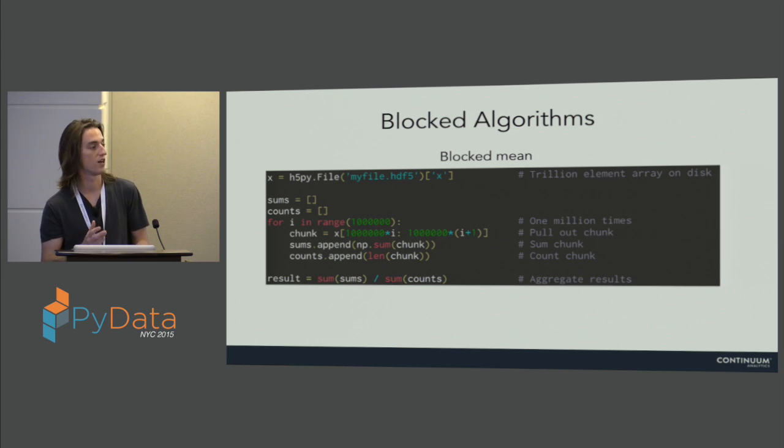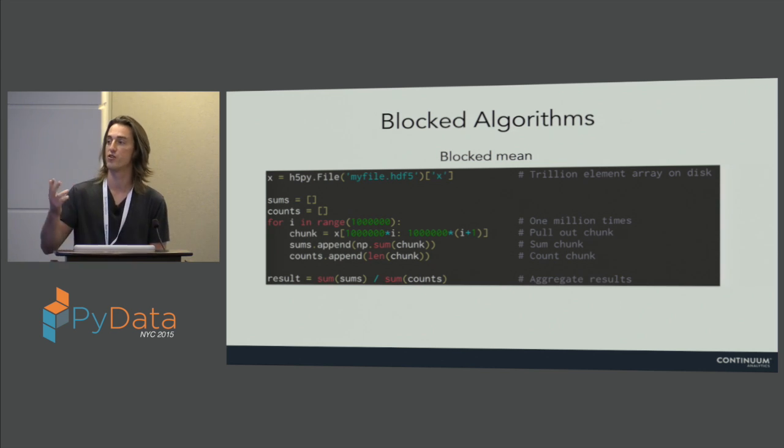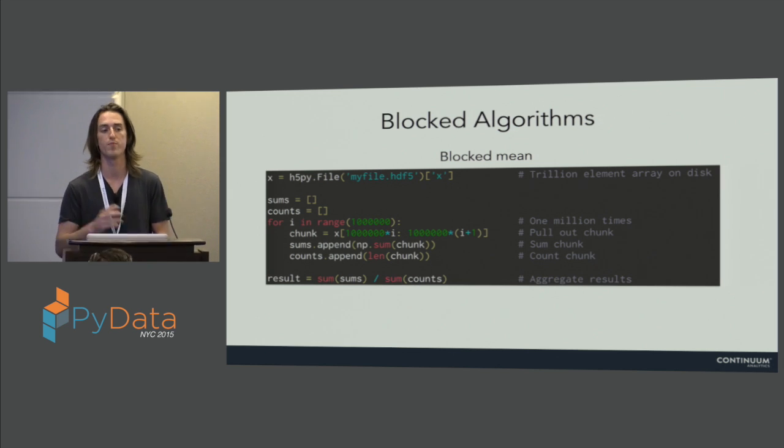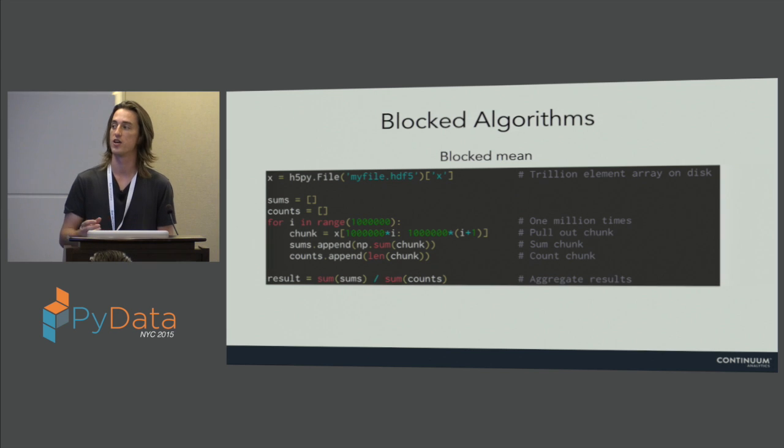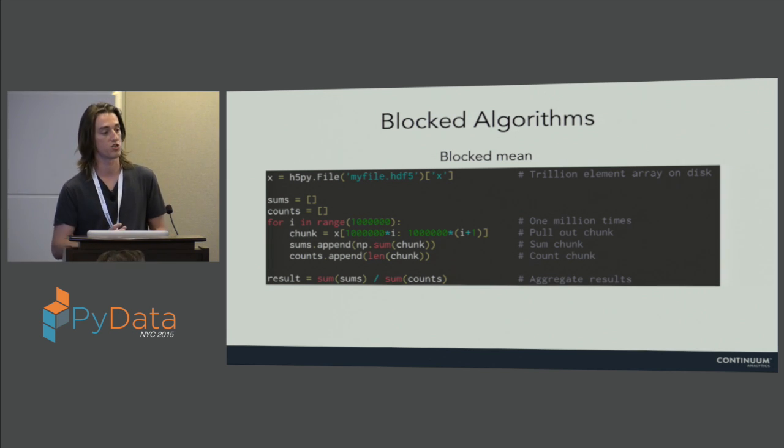Let's say you have a data set stored in an HDF5 file. It's a trillion element array, on disk, whatever, and you want to take the mean of that. Well, you don't have to read all trillion elements in at once. You can do it with an iterative approach. You can split it up into million-sized chunks. For each chunk, you compute the sum, and you count how many elements are in each chunk, which in this case is always going to be 1 million, but you can think of other cases where it wouldn't be.